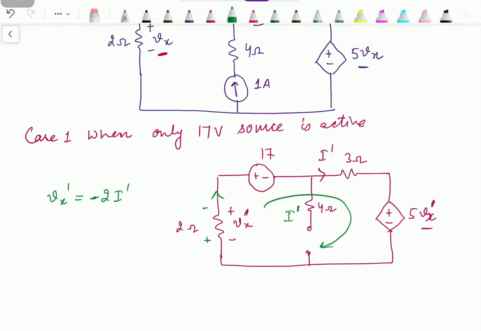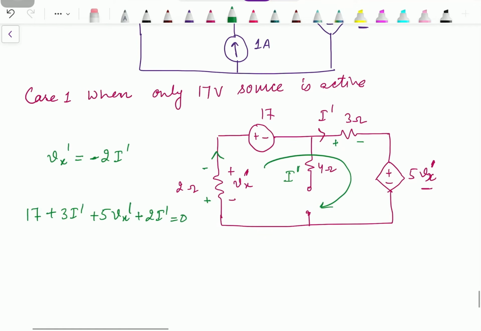Then we can apply KVL. So I will start with the 17 volt source. 17 plus 3I dash, that is the drop across the 3 ohm resistance. Then we have 5Vx dash, again the positive sign came first. Then the drop across this 2 ohm resistance, plus 2I dash, equal to 0.